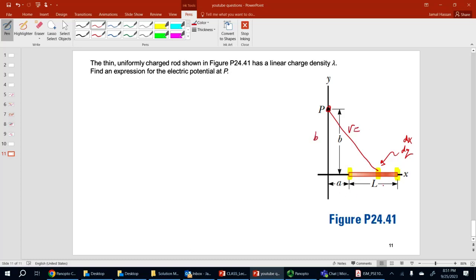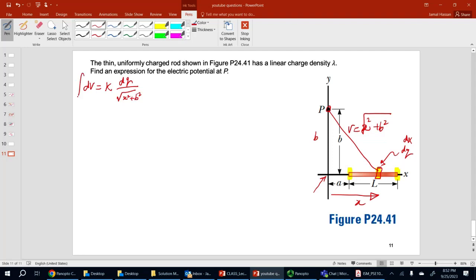This is b, and this equals x, because this small piece is located away from the origin by x. So r is equal to the square root of x squared plus b squared. So the potential from that small piece dq at point P is dV equal to k dq divided by the distance r, the square root of x squared plus b squared.